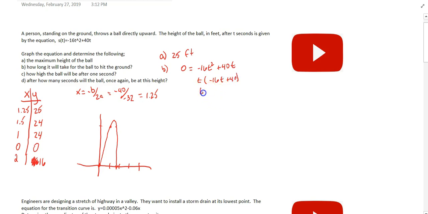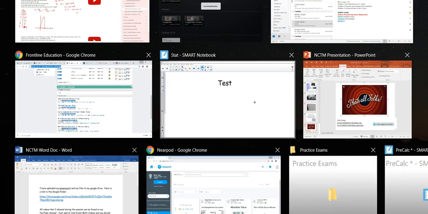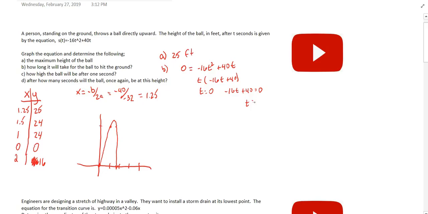And then I solve each one. t equals 0. Negative 16t plus 40 equals 0. If I solve that one, I'm going to wind up getting 40 divided by 16, which is 2.5. So it takes 0 and 2.5.